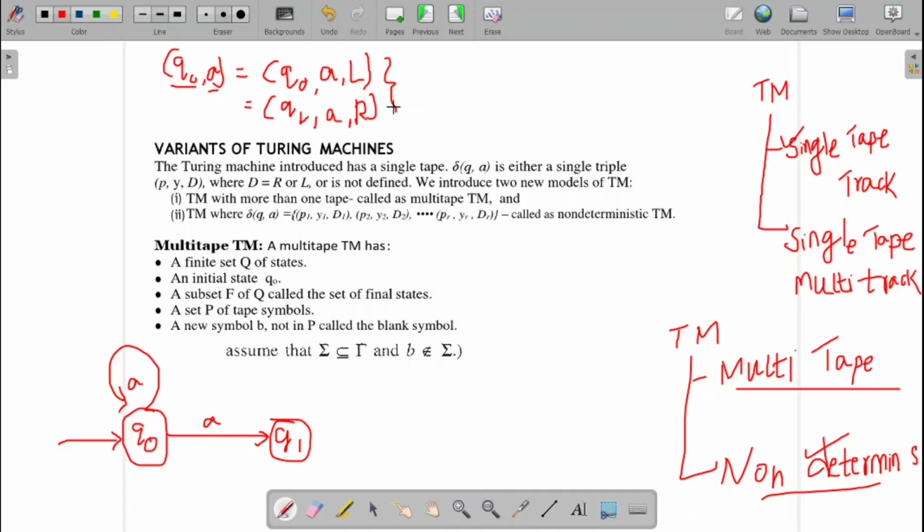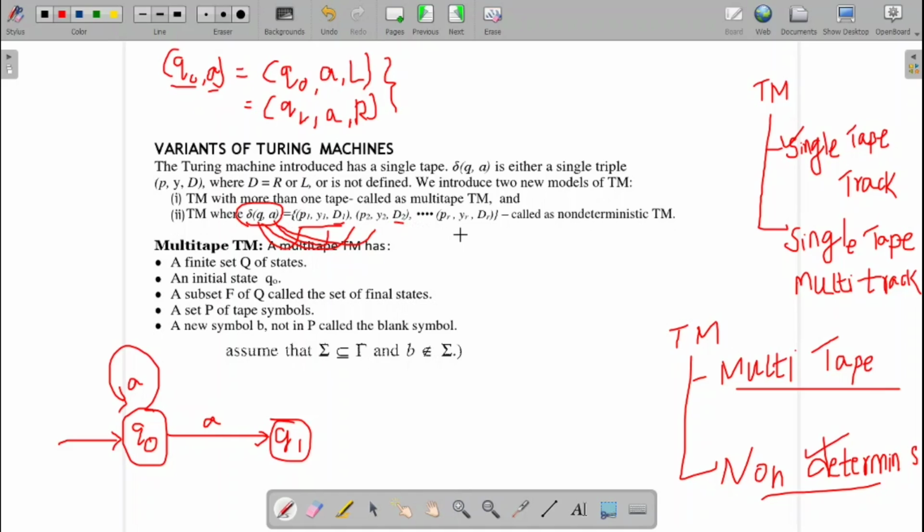All these things come under non-deterministic Turing machines. In the non-deterministic Turing machine, we have the transition delta of Q on A. It may be the first pair, where I go to state P1, A is replaced with Y1, and the direction is D1. Or I may go to state P2, replace A with Y2, and have the second direction D2.